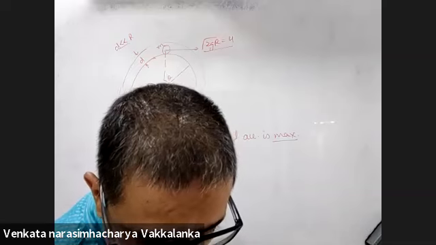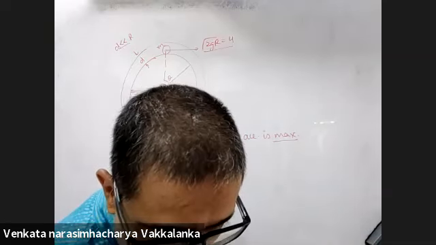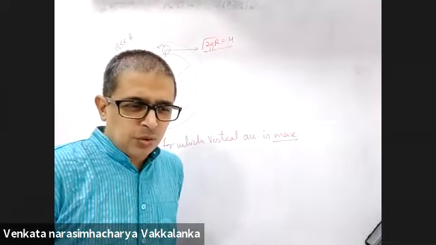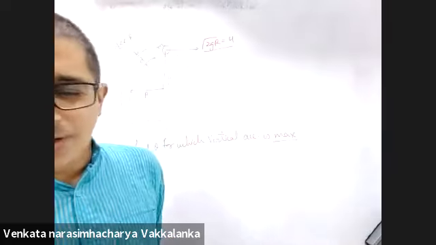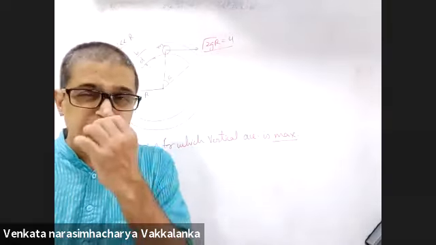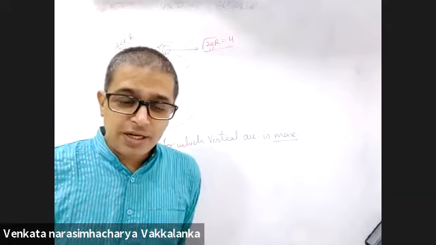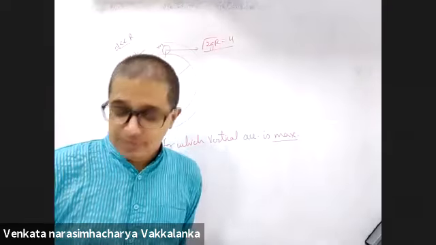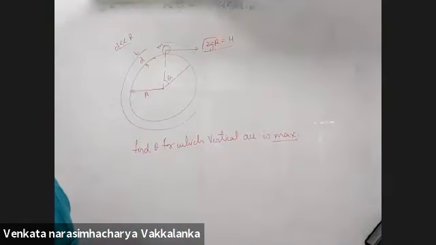Some students came very close. They are getting cos theta equal to 4 by 3. You are committing a small simplification mistake somewhere. It is cos theta equal to 2 by 3.